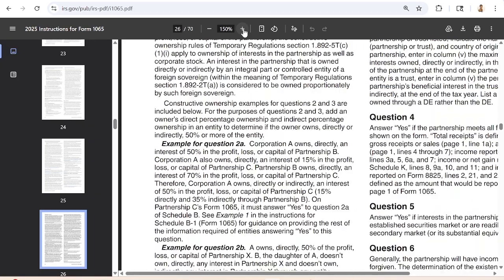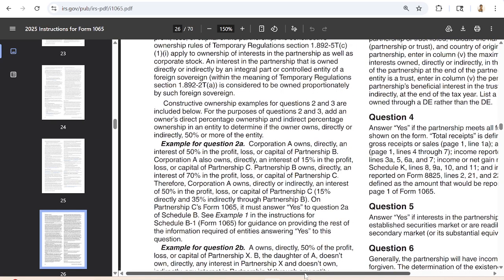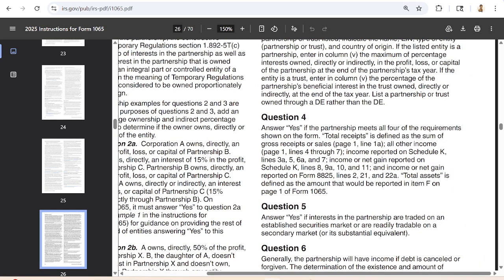You see how, not knowing the answer, we came to find it in the instructions. I'm looking for what they are calling total receipts here, but it doesn't seem to be explaining it to us. But just keep in mind that the higher of those two, just use that.